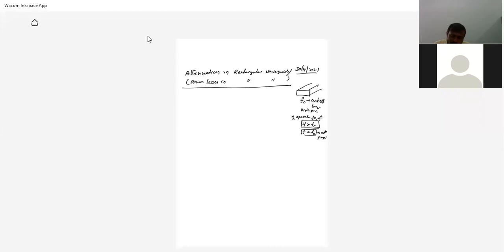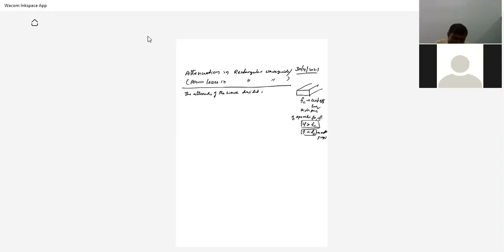Based on these two conditions, we can see the losses or attenuation in the rectangular waveguide. We have divided the attenuation of the waveguide into two categories.